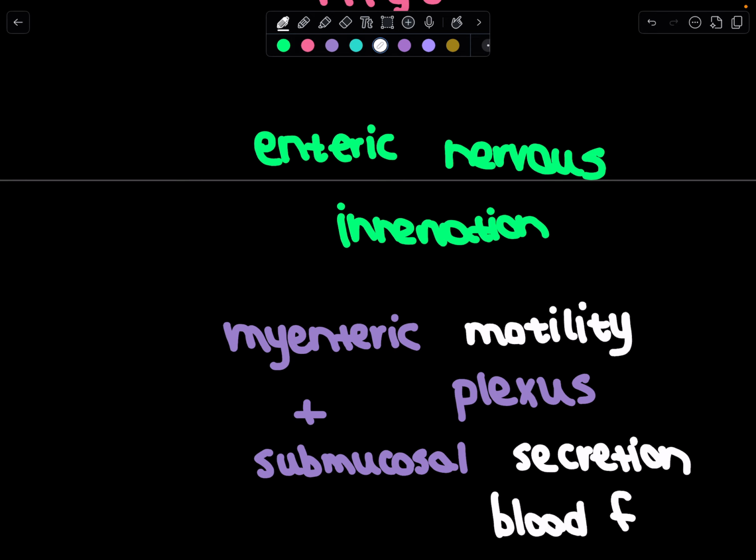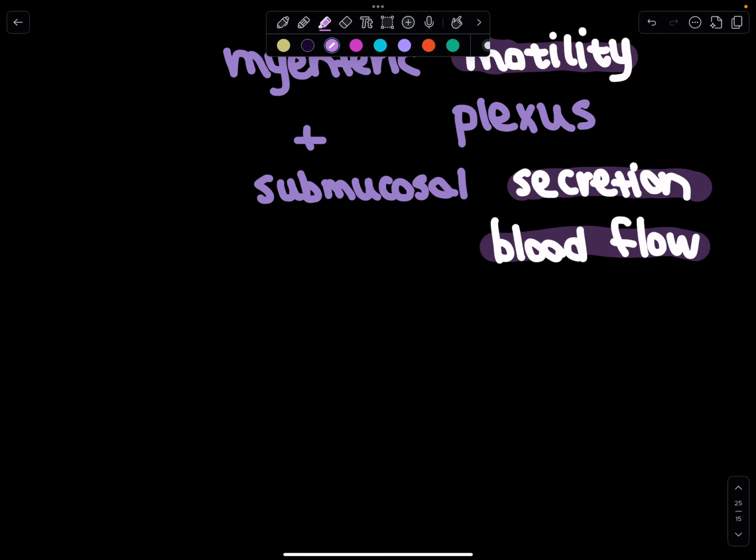The submucosal plexus, in the submucosa layer, regulates secretion of digestive enzymes and mucus, plus blood flow to support digestion and absorption, working with the myenteric plexus to sync motility and nutrient processing. Want to dive into how these plexuses respond to stimuli like stretch or nutrients, or explore related disorders?